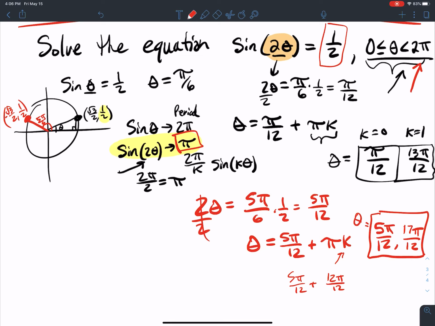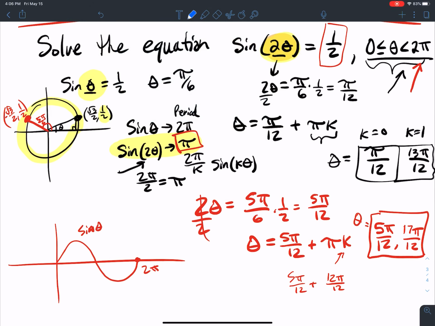So it's important that we be careful here to not just think, oh, well, 2 pi goes all the way around like this. Well, yeah, it does when the argument is theta. But whenever I do 2 theta, I'm doubling that speed. So what does that mean? That means sine of theta works through its cycle in 2 pi.